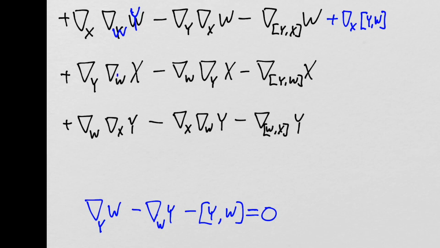This one here, wx, would become xw, and I think I would be adding covariant derivative in the direction y of wx. And then this last one would become yx, and then I would add covariant derivative in the direction w of, I think it's xy.